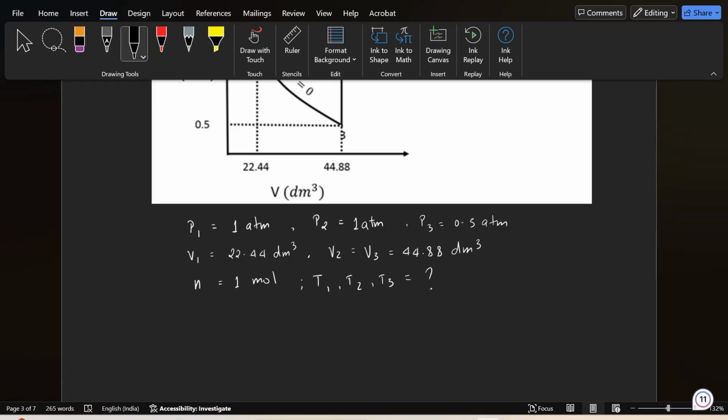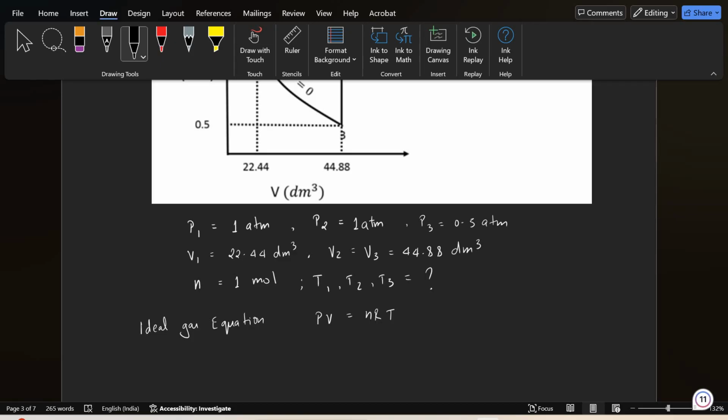What is the ideal gas equation? PV is equal to nRT. Yeah. Okay. So sir, here we can use T equals PV by nR.